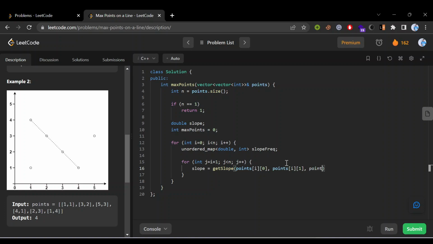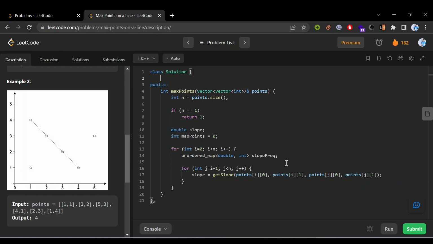Then you have points of jth value, that is 0, that is my p, and the last we will have points of jth value of 1, that is my q. So this should give me a slope value, and I'll be creating this function here.